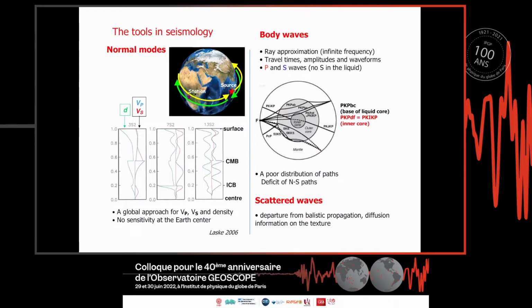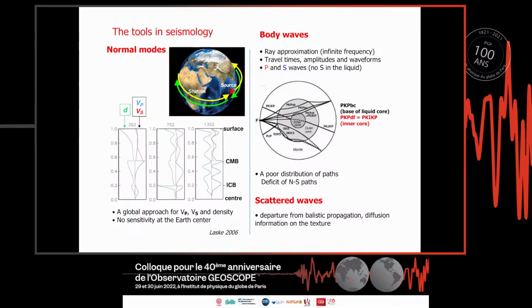Body waves: you have a lot of body waves, which are transmitted, reflected above the discontinuities, reflected below the discontinuities. Some of them turn in the upper part of the liquid core, some at the base of the liquid core, some in the inner core.